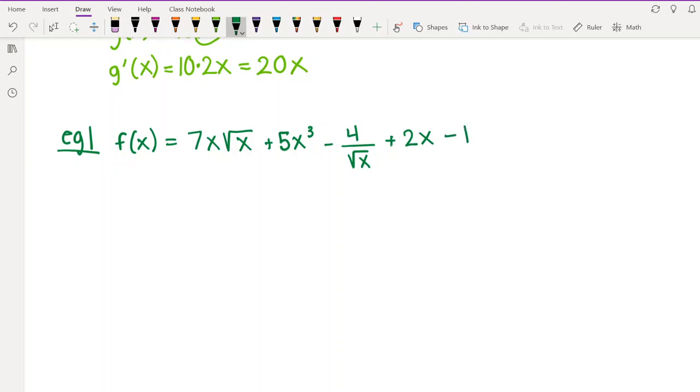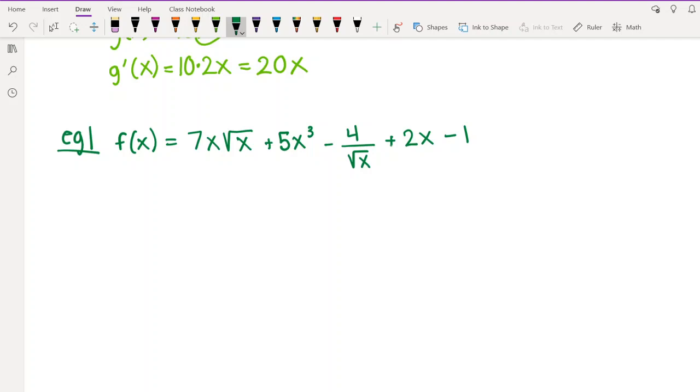And let's say we're supposed to take the derivative of this. So first thing is, we know that we're allowed to just take the derivative of each thing that's being added or subtracted. Those we can take the derivative of individually.